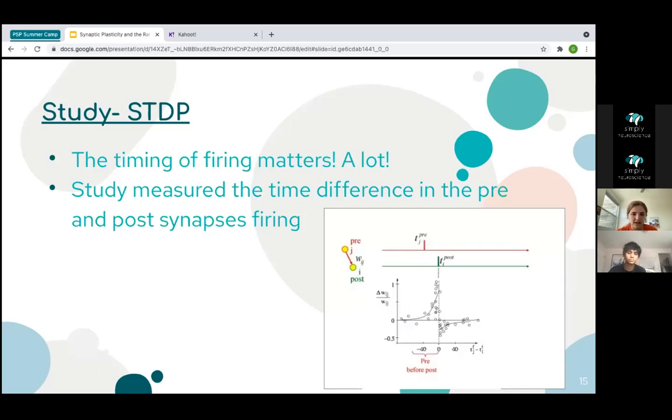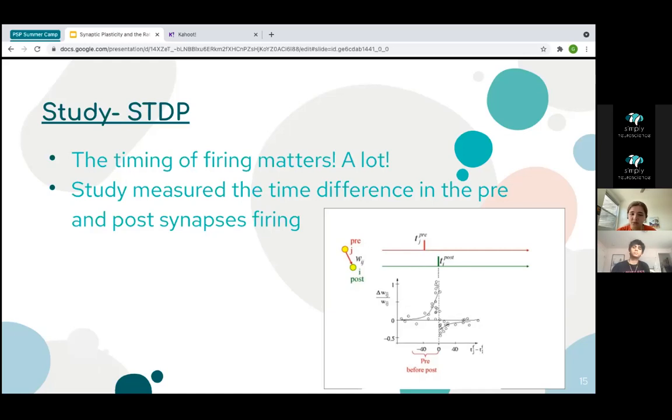As covered in the last slide, the timing of firing matters a lot, so I'll explain what that means. The study measured the time difference in the pre and post synapses firing. They found this by subtracting the firing time of the pre-synapse from the post synapse to get a value above or below 0 milliseconds.